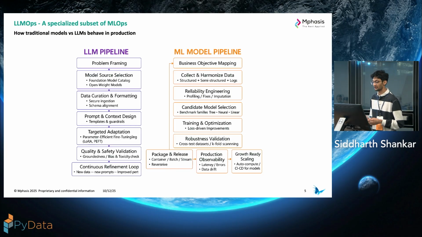So if you notice, where you'd have feature engineering, you end up having prompt and context design. In your hyperparameter tuning, you start having things like targeted adaptation. A few examples which are quite common are LoRA fine-tuning or even PEFT. So this showcases that yes, there is still overlap between the traditional MLOps pipeline and what you see in LLM ops, but given the LLM architecture, the kind of failure modes, and how it is used in production, you do require a separate, distinct LLM ops flow that one can use as a guideline when deploying your LLM to production.